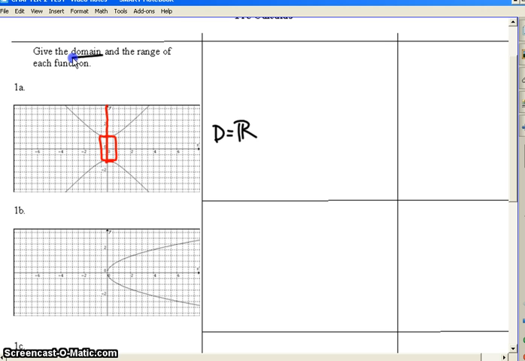If we look at how the graph is numbered, the scale, this is -1 and this is +1. So the range is going to be -infinity, which is down here, up to -1.